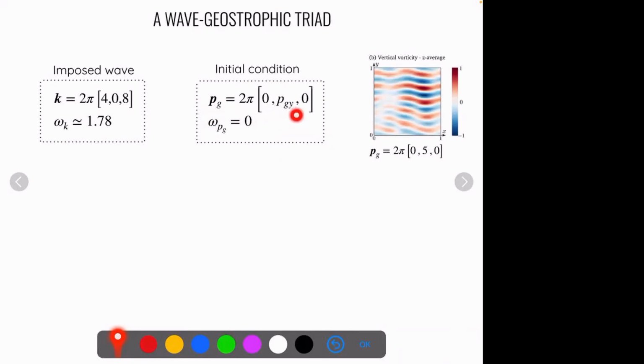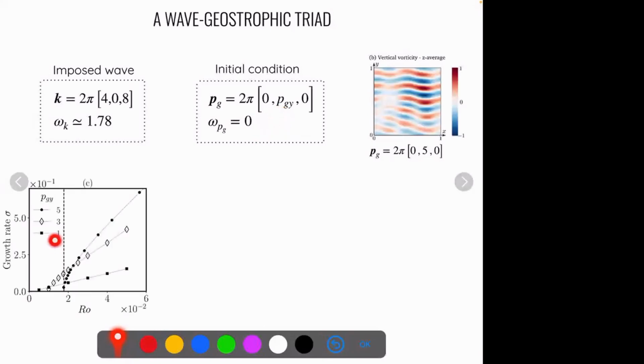They have no component along the z-axis; the wave vector doesn't have any component along the z-axis. It's z-invariant. And I'm going to consider three different values of the y wave number, 1, 3, and 5, knowing that 5 is more or less the mode that I extracted in the previous simulation.